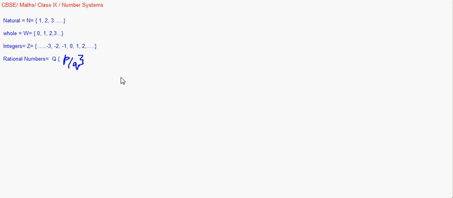One more thing I would like to tell you is that any natural number, like 5, 4 or 6, can also be expressed as 5 by 1, 4 by 1, 6 by 1, and therefore these natural numbers are also a part of rational numbers. Now, how do we find rational numbers between two given numbers? That's the first one we'll be taking up.